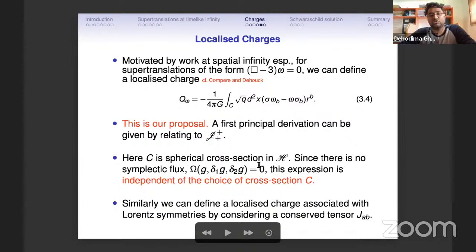Since there is no symplectic flux, that is, the first variation of the higher spin global charges vanishes, this expression is independent of the choice of cross-section C. Similarly, we can define a localized charge associated with Lorentz symmetries by considering a conserved tensor J^AB, where the divergence of J^AB equals 0, and this J^AB can be constructed from the second order fields.